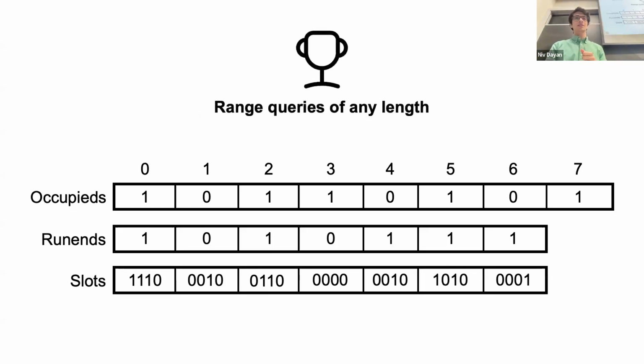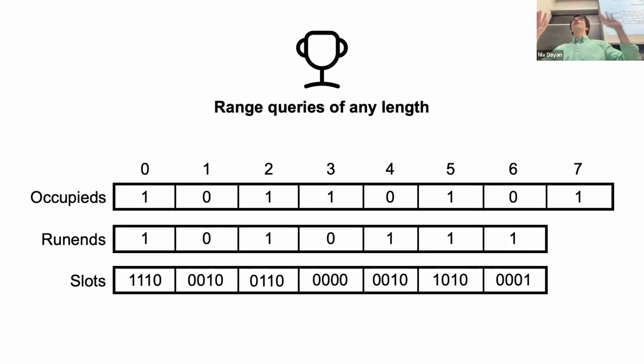And this kind of already implies that you can support range queries of any length, because you don't care really what's going on inside of the range. You only care if you have a collision with the endpoints. So regardless of range size, your accuracy is never going to deteriorate. You only care about the endpoints, roughly speaking. Okay. Does that track? Does that make sense?